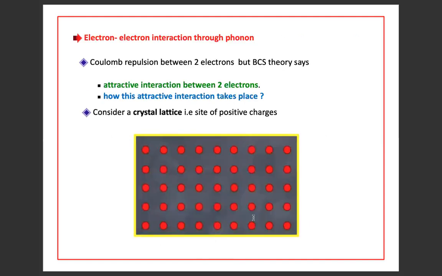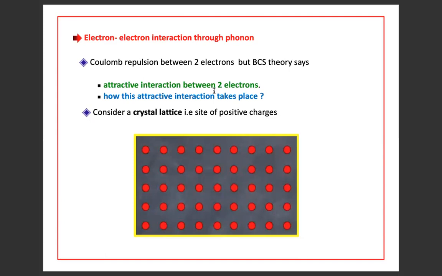First we'll discuss electron-electron interaction through phonons. As we all know, there is a Coulomb repulsion between two electrons. But BCS theory says that an attractive interaction takes place between two electrons.